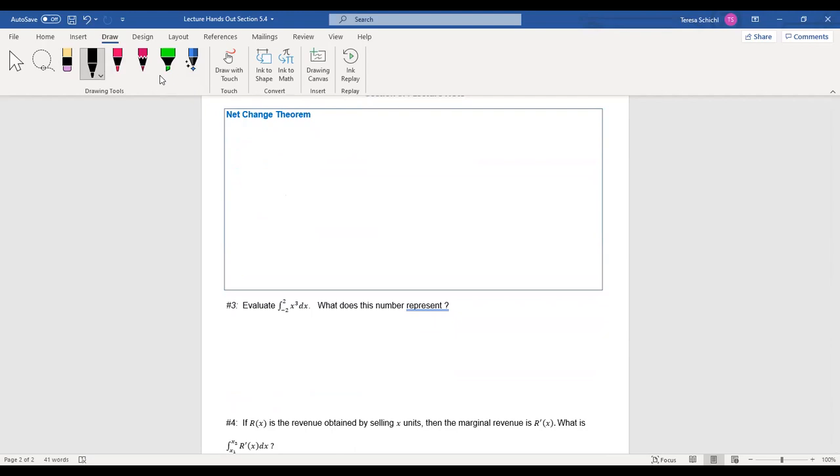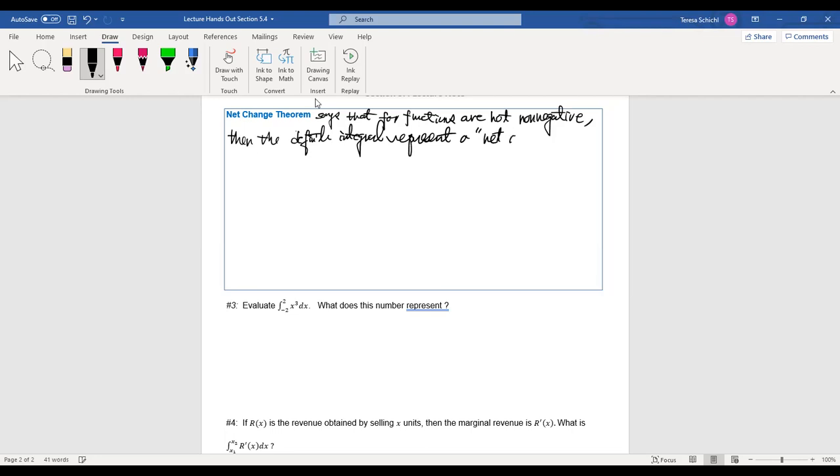The net change theorem says, let the function be not non-negative, then we say the definite integral represents a net area.